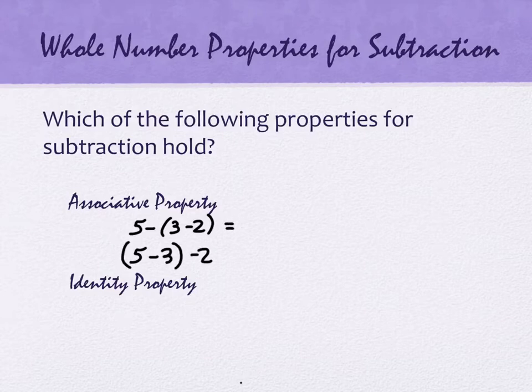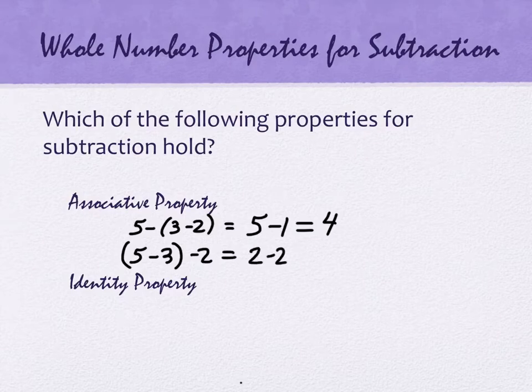With associative, you have to look at what's in the parentheses first. So 3 minus 2 is 1. So this first problem is 5 minus 1, which is now 4. The second problem starts out with 5 minus 3. What is 5 minus 3? 2. And then what is 2 minus 2? 0. And of course, 4 does not equal 0.